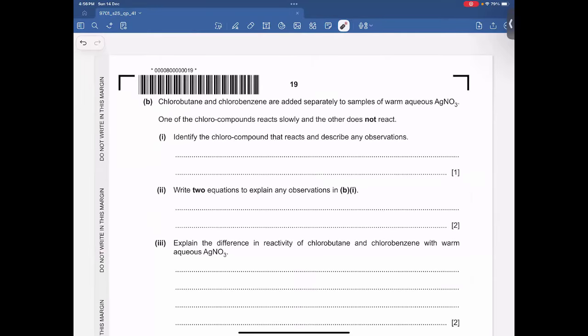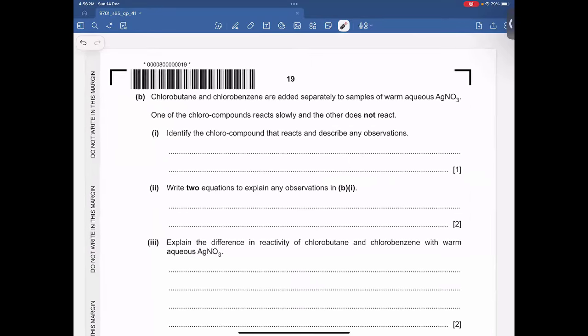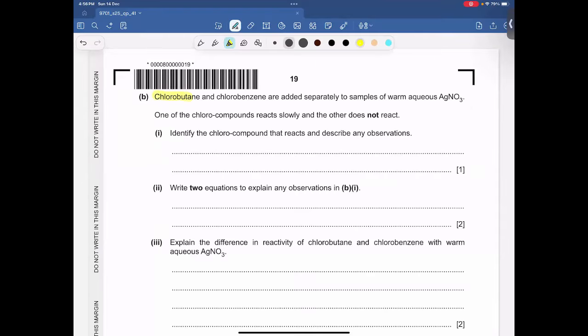In the next part of the question, chlorobutane and chlorobenzene are added separately to samples of warm aqueous silver nitrate. One of the chloro compounds reacts slowly and the other does not react. Identify the chloro compound that reacts and describe any observation. So by the way, this is going to be the alkyl halide, aliphatic alkyl halide.